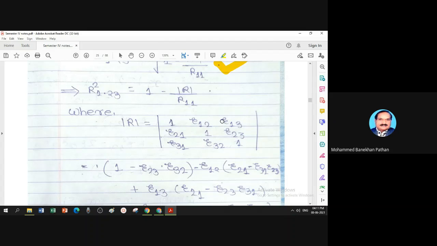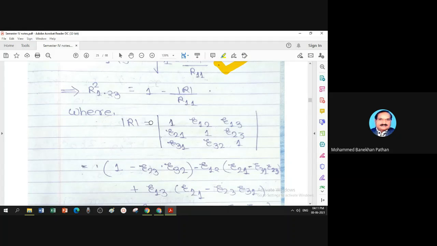Now this is R12, R13, R23 and this is a mirror image, R12, R21. So the relation between 1, 2 is the same as 2, 1; 1, 3 same as 3, 1; 2, 3 same as 3, 2. So the correlation matrix is a symmetric matrix, symmetric around the diagonal. What you write above the diagonal, the same value is below the diagonal. Remember that. Now you know from mathematics how to get the determinant of a matrix.